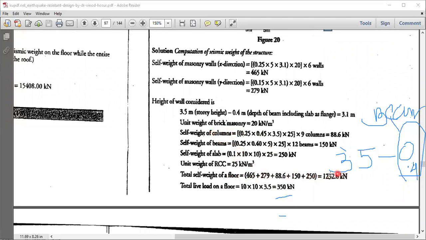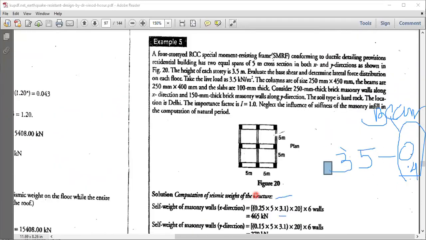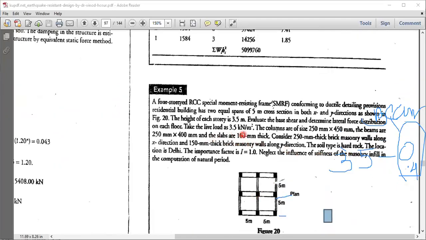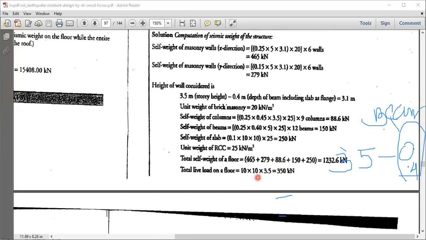These all together come on the floor. This is of one floor. If I say into 3 or 2, whatever, based on our requirement. Total live load on the floor. Now live load they have given us 3.5 kilonewton per meter square. So 3.5 into 10 into 10, that is 350 kilonewton. This is the live load.